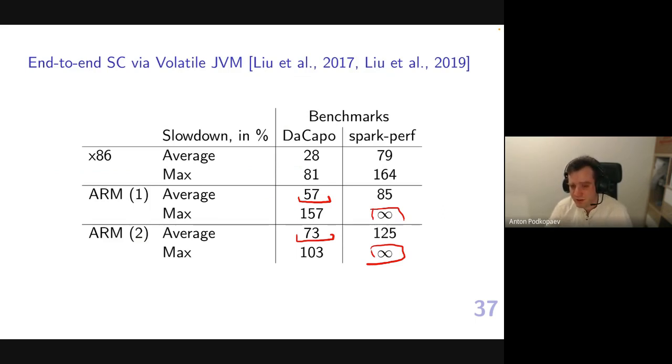Here, infinity basically means that it was more than 1000% slowdown. So it was very big. As we can see, for ARM this is not a solution at all, and this is due to ARM being much weaker than the x86 platform, allowing many more weak behaviors than are observable on x86.